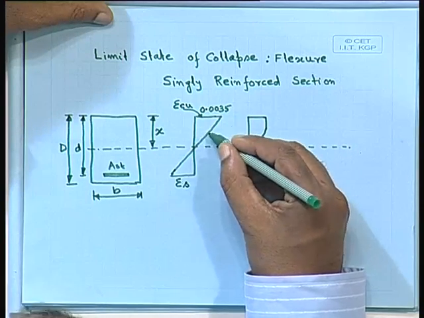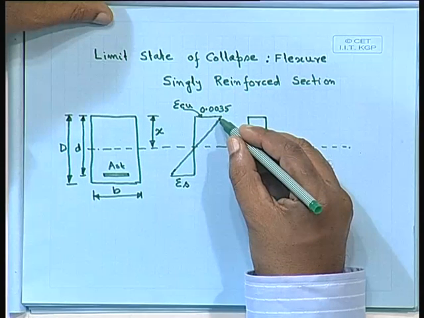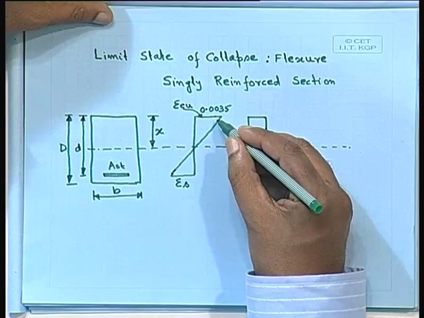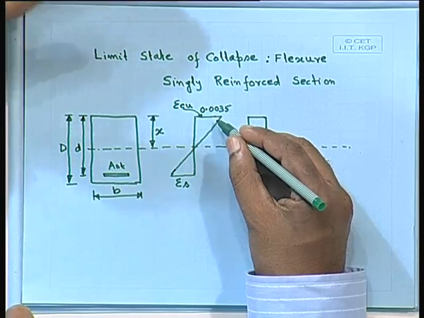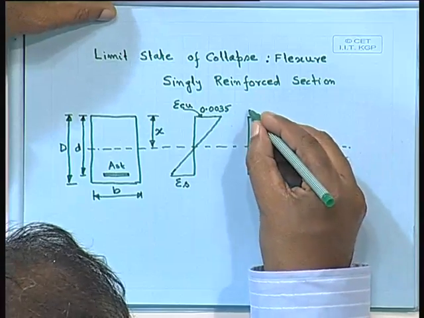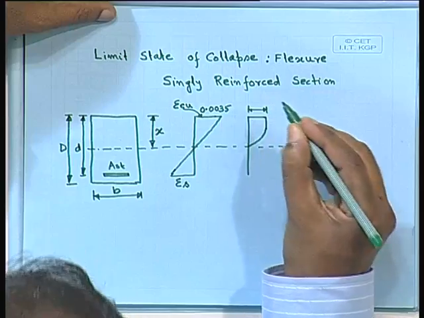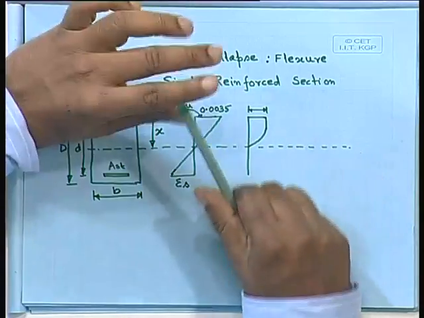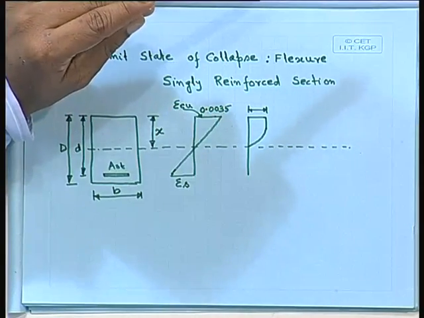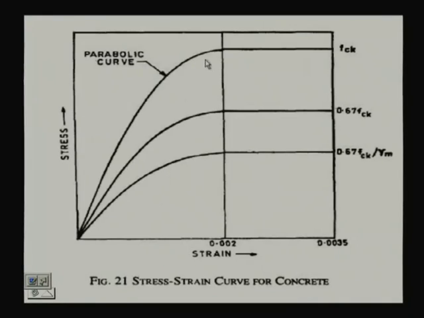Finally we get the maximum strain allowed, 0.0035, which will never go beyond this. According to the curve mentioned in the code, we shall consider this curve. This is our stress block also.